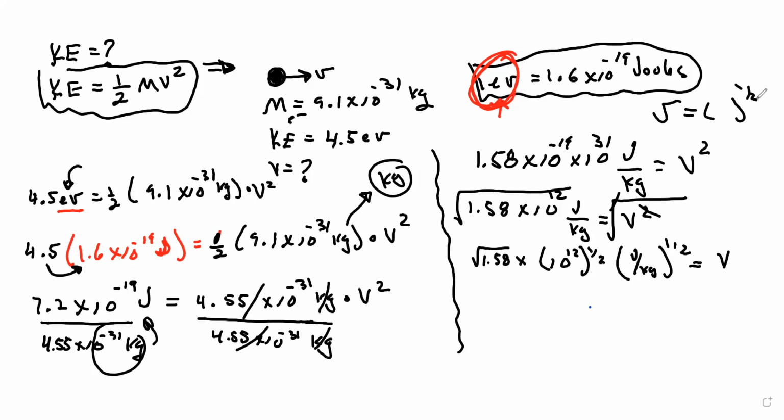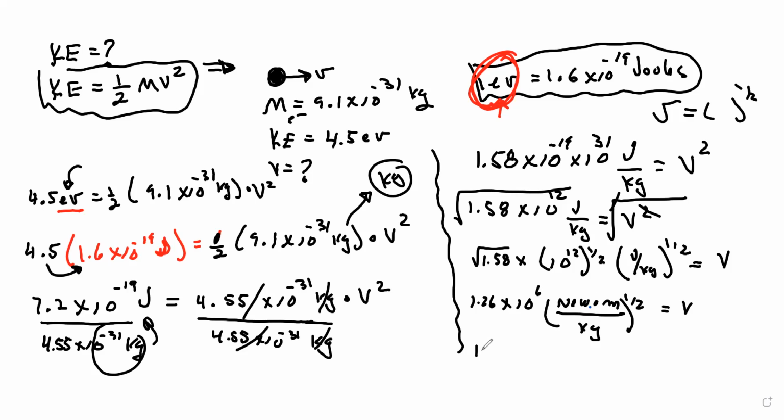So there we go. And we are breaking this into factors. So 1.58, if you get the square root of that, is going to give you 1.26. 10 to the 12 divided by 2 is going to be 10 to the 6. And you still have to worry about this joule, but joule is Newton times meter, divided by kilogram, and you still have to get the square root of these, and that's equal to the velocity.